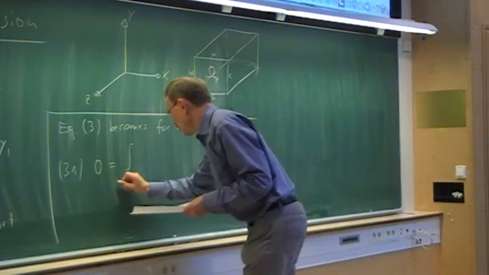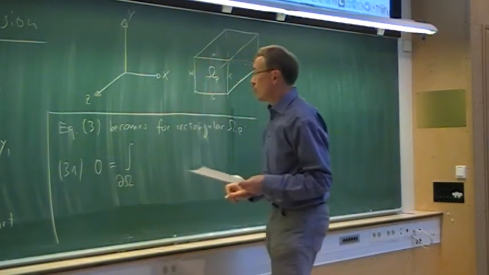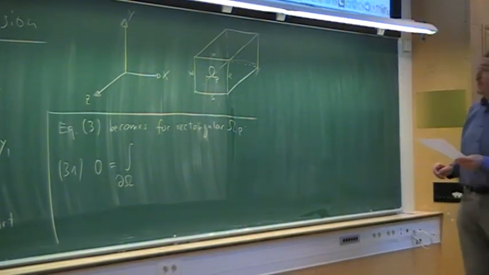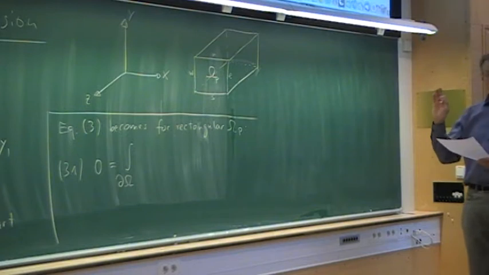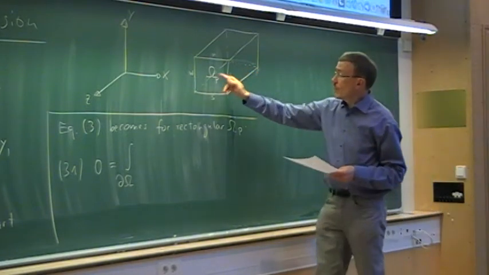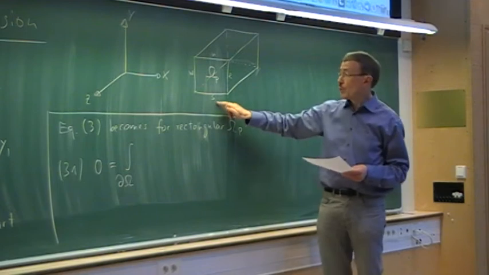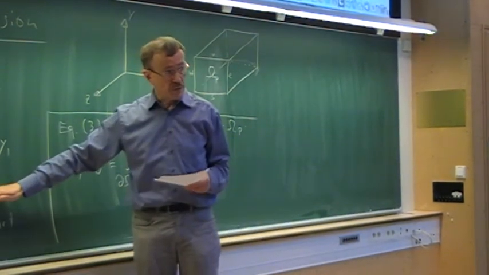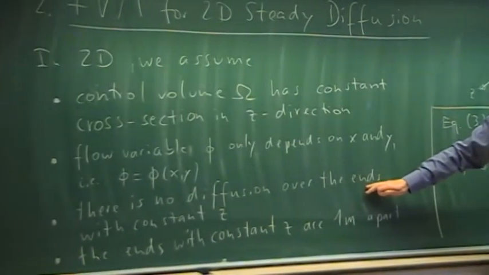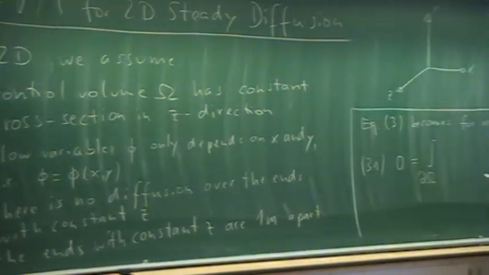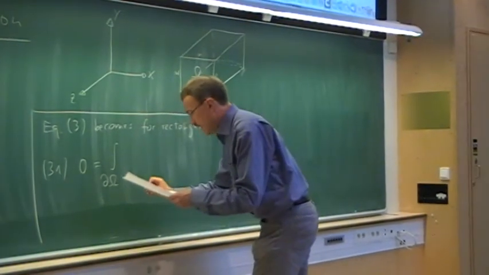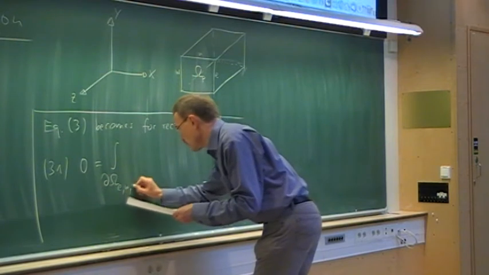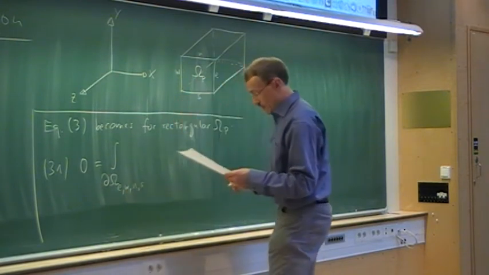And then we have the integral over the boundary of the control volume, and if we want to be precise, we only have to consider the eastern, western, northern and southern faces, because for the front and the back we made this assumption. So there is no contribution of diffusive fluxes over the ends.